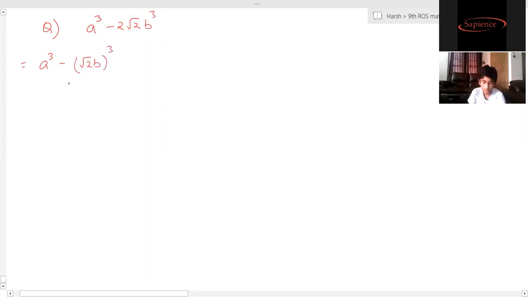So now the formula is x cube minus y cube is equal to x minus y, x square plus xy plus y square.